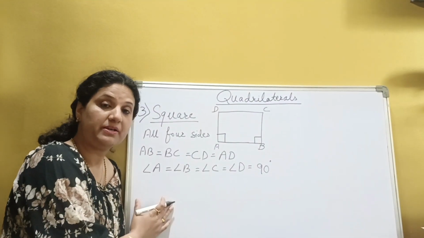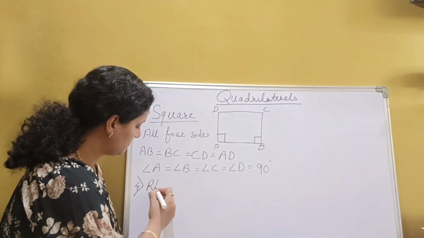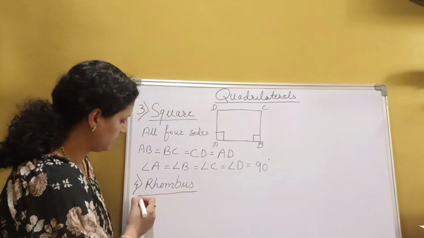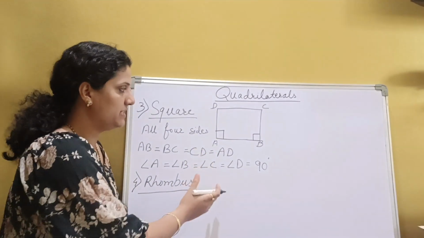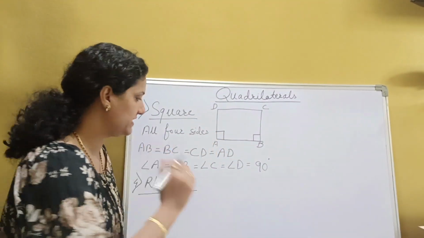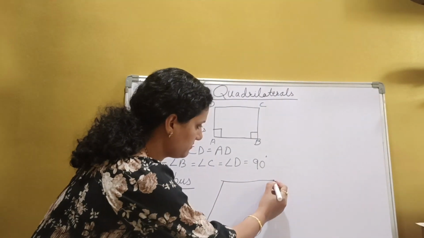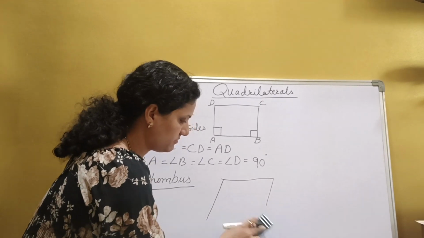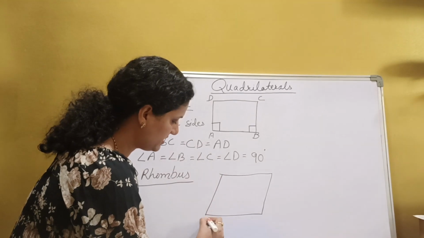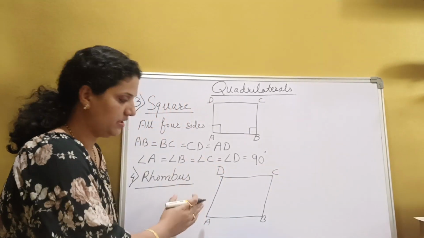Now the fourth type is rhombus. This is also a type of quadrilateral and same as square but a little difference. I will tell you. This is A, this is B, this is C, and this is D. This is a rhombus.